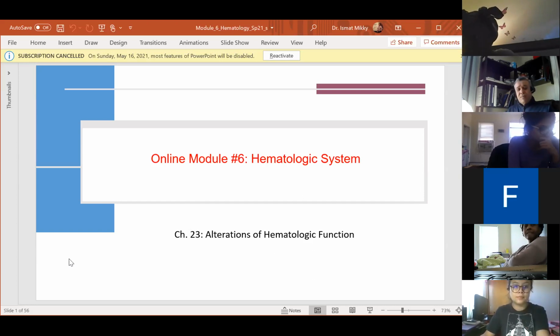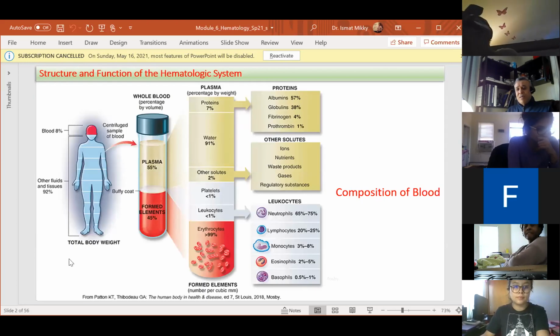So the first slide talks about the composition of the blood, in which 7% will be proteins. The water content will account for 91%.